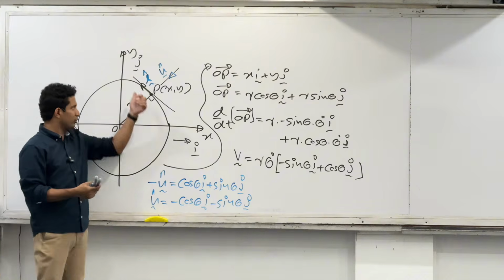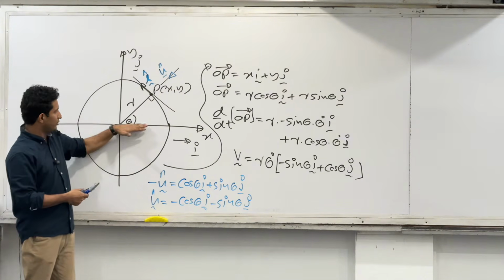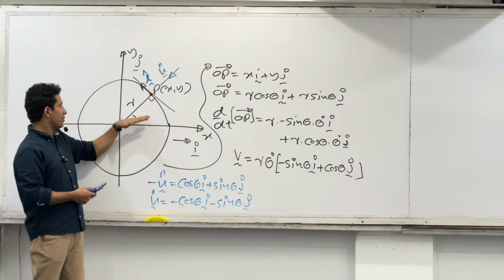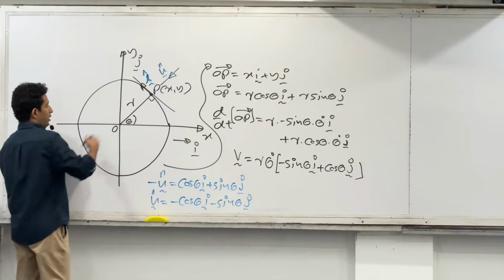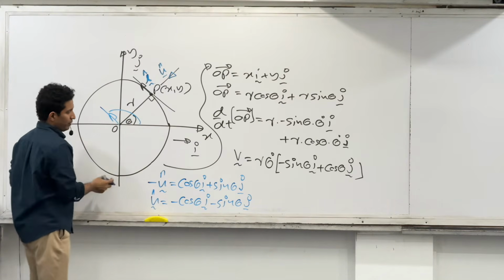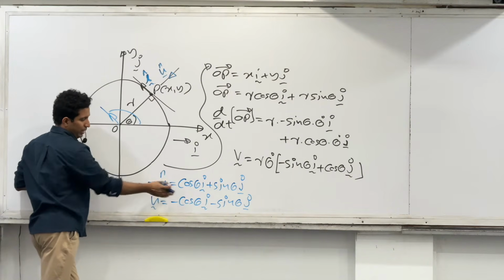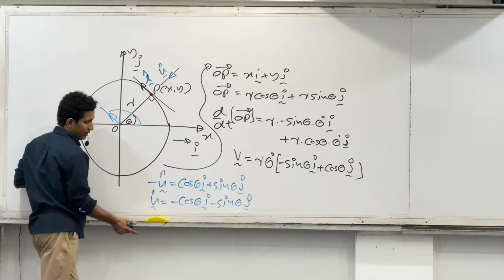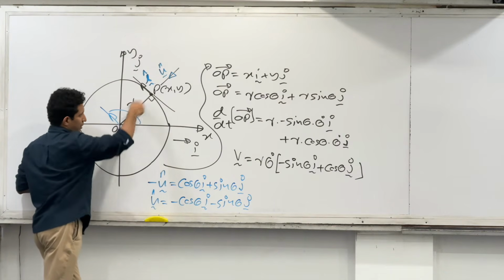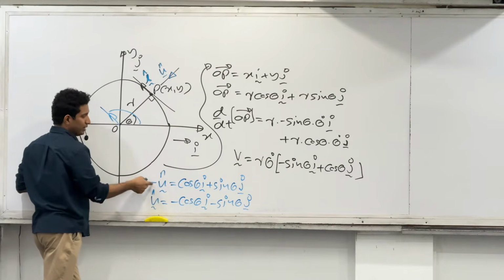And again I need to find the unit vector in the tangential direction. You know that this angle is theta. When it comes here, it is 90 more, so in this direction it is theta plus 90. Here the unit vector in this direction was minus u hat.